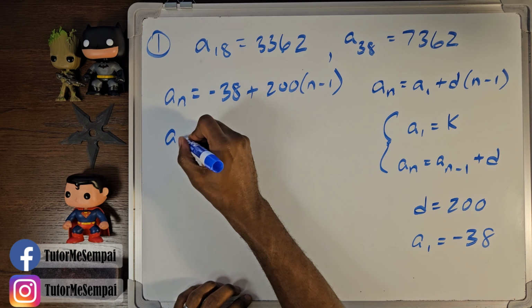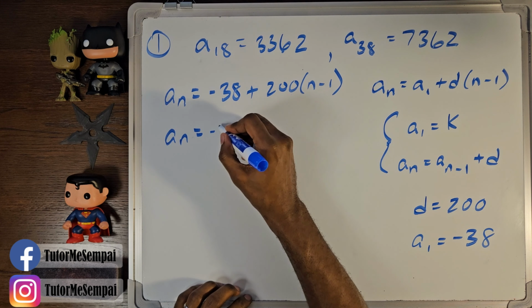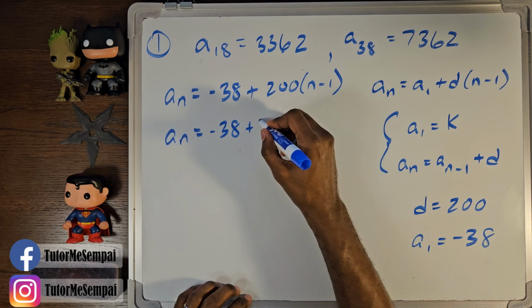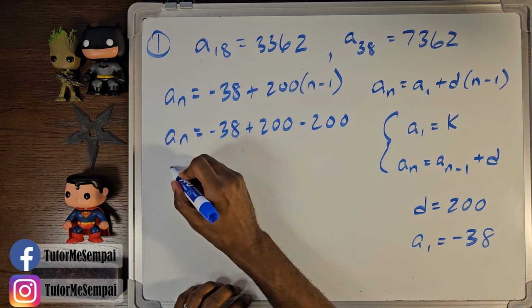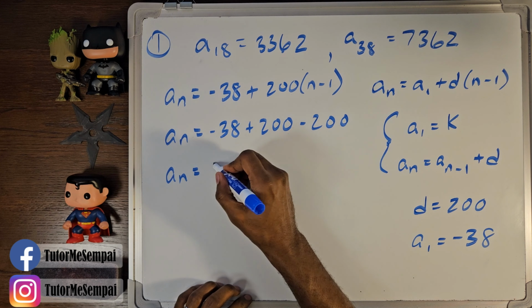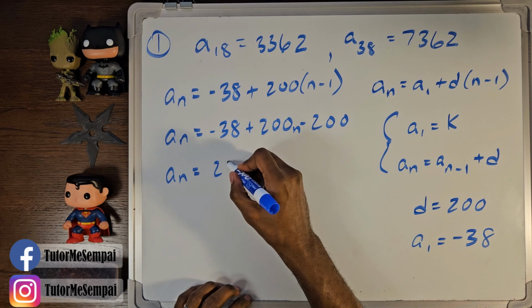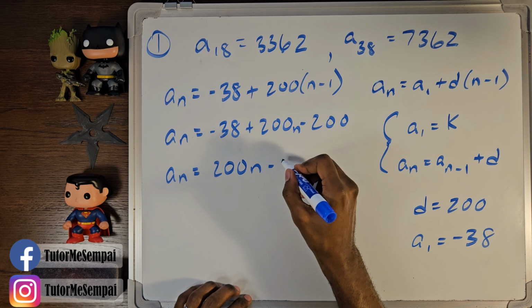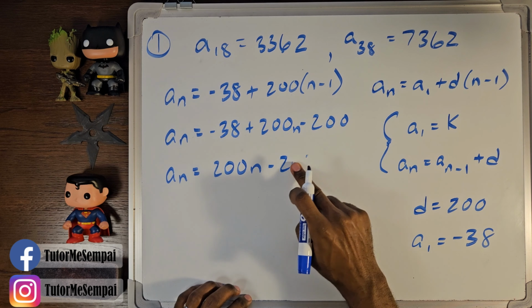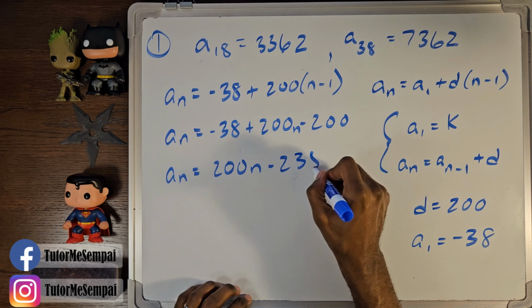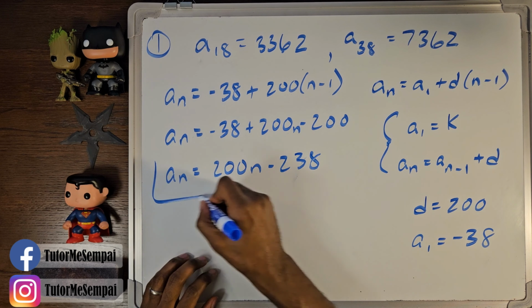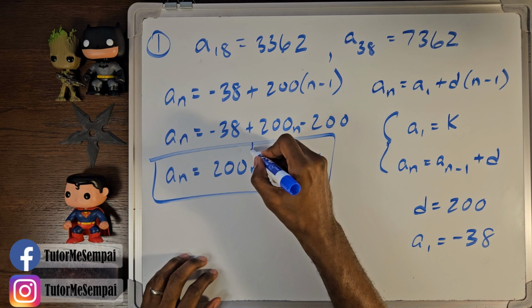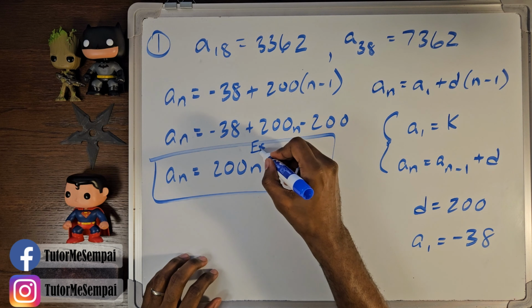So we're going to have a sub n equals negative 38 plus 200n minus 200, which simplifies further to 200n minus 238. And this is going to be our explicit formula.